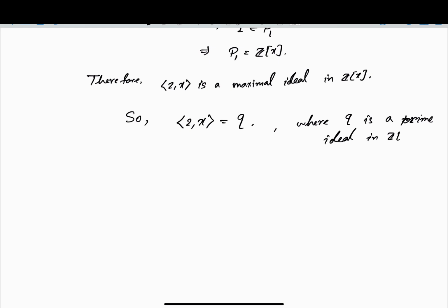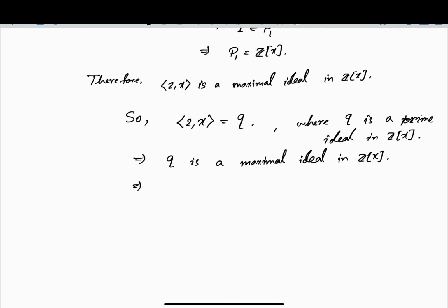in Z[x], right? And we have seen that (2, x) is a maximal ideal, which implies Q is a maximal ideal in Z[x].